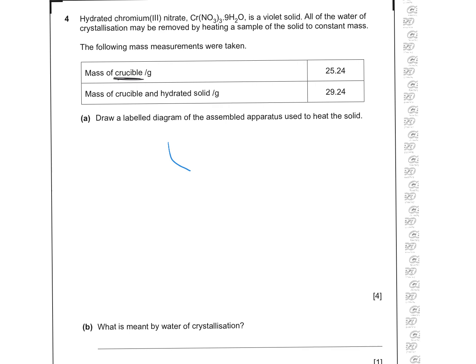I'm going to draw it. So sometimes an evaporating basin is used for this experiment, but for this particular question, it does specify a crucible. Now, a crucible sits into a pipe clay triangle. Just going to represent it using circles, and that sits on a tripod. It's going to be heated, therefore a Bunsen is required.